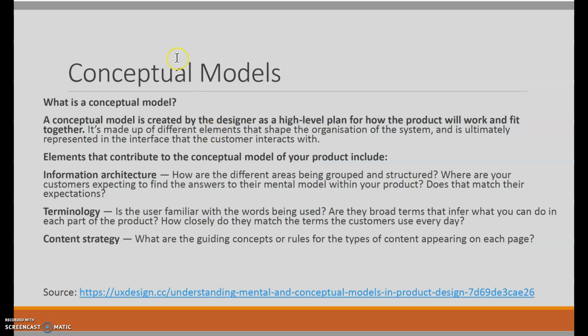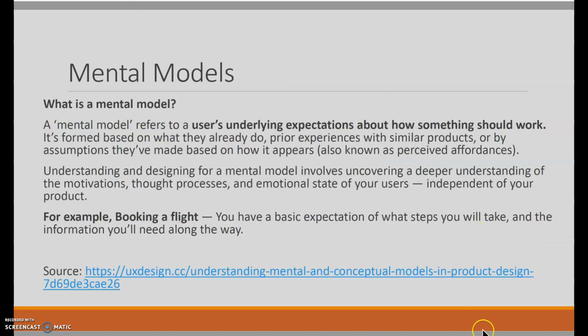And then, as I mentioned before, a mental model refers to a user's underlying expectations about how something should work. And it's formed based on what they already do, their prior experiences with similar products, or their assumptions. And so here is a good example, which is how to book a flight. We have a basic expectation because of our experiences of what steps we'll take to book a flight.